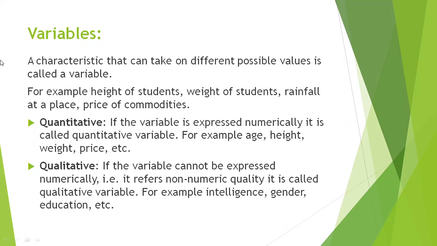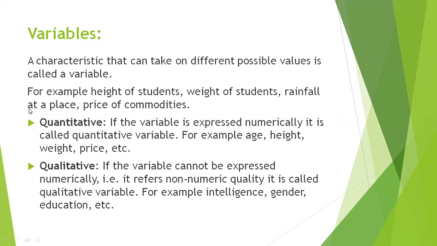Then we have variables. A characteristic that can take on different possible values is called a variable. A variable is a characteristic, or a column, which can take on different values. For example, the height of the students. The height of the students varies from one another, and the weights of the students also vary from one another.